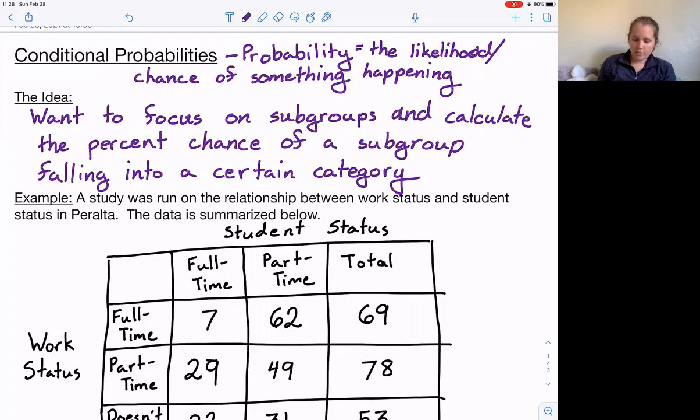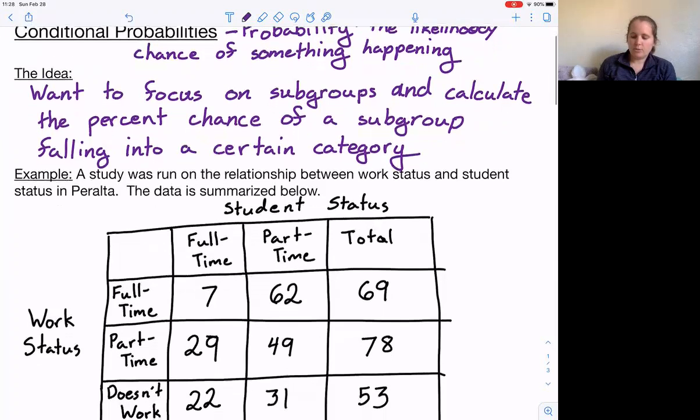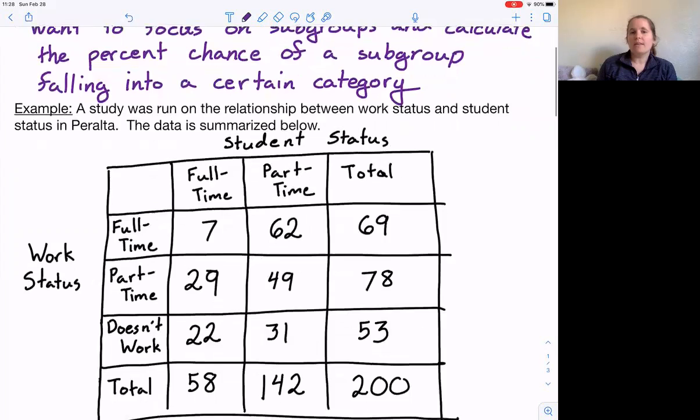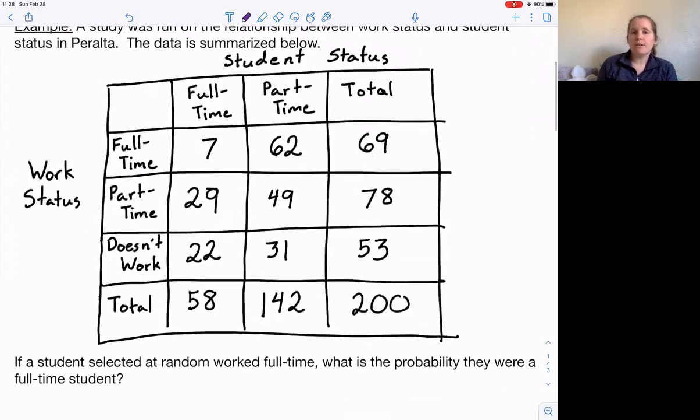So, for example, a study was run on the relationship between work status and student status in Peralta. The data is summarized below. In the two-way tables video, we created a two-way table with just 15 students. This one is built based off of 200 students. The data is completely made up, by the way.